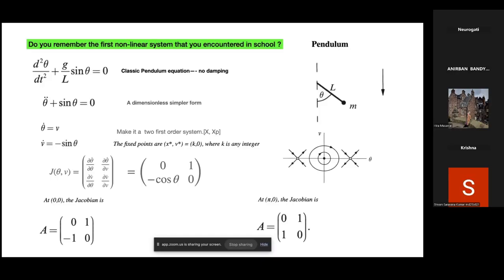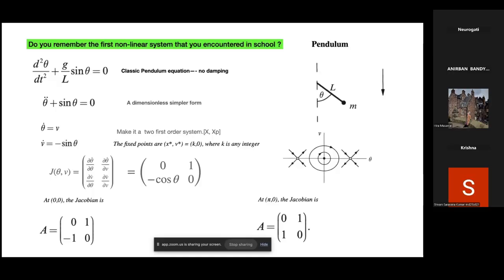So let's say this theta is the angle the pendulum makes with the vertical, and if we keep the pendulum at some theta angle and release it, we know it will give some kind of oscillations, right, from our physics understanding. Let's see if from the dynamical system we can get a similar understanding. So that's the objective of this topic.